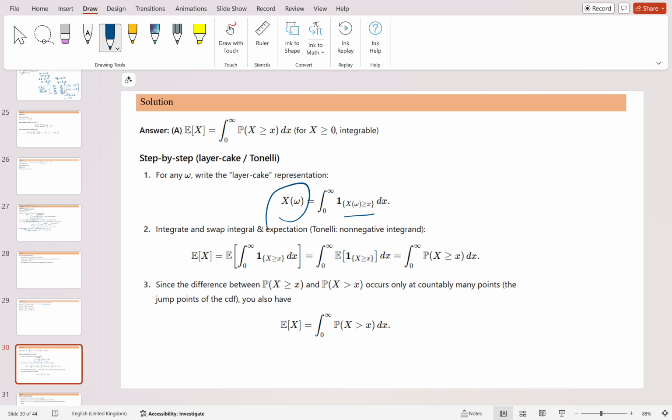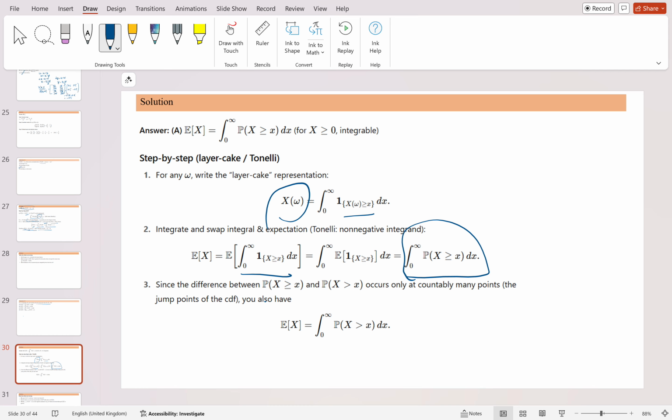So when you integrate it and swap the integral and expectation, simply take the integral inside the expectation, and after that take the integral outside of the expectation. That will simply become the integral from 0 to infinity of the probability that X is greater than or equal to x, dx.